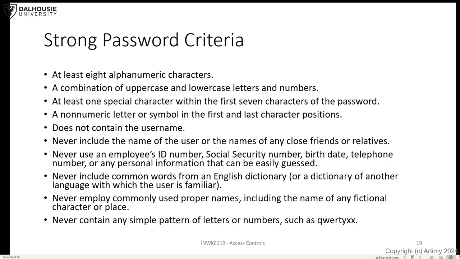It becomes difficult for people to remember the password, and this is one of the reasons people use weak passwords, because they try to use a password that they can remember. Nobody can remember 12 characters of mixed upper and lower and special characters and all of that. So people tend to use weak passwords.